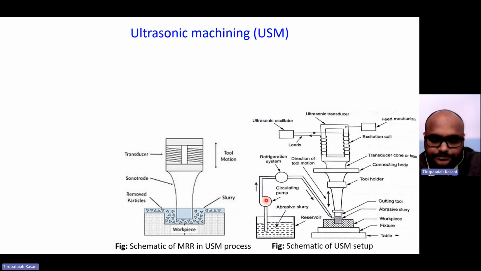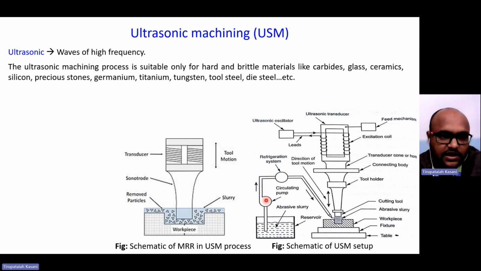Okay, see here, what is this ultrasonic? Waves of high frequency. The ultrasonic machining process is suitable only for hard and brittle materials like carbides, glass, ceramics, silicon, precious stones, germanium, titanium, tungsten, tool steel, die steel, etc. All these are hard materials. All of you know that glass can be machined using ultrasonic machining; making holes in glass is possible.